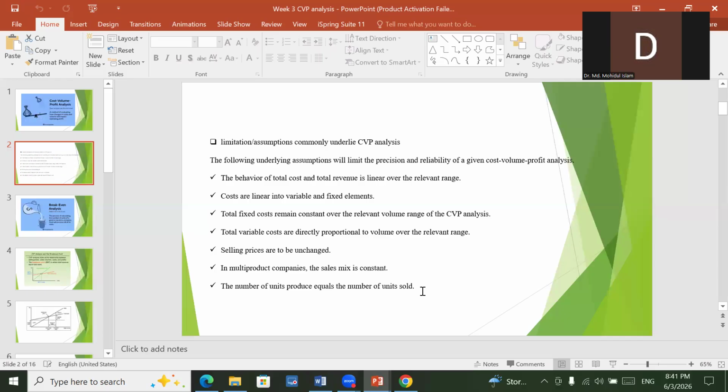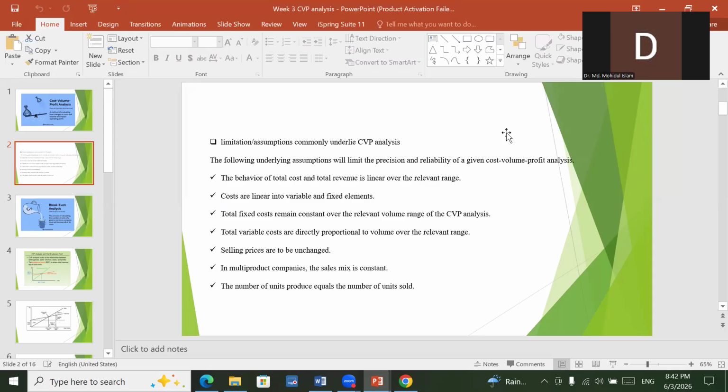Closing stock is not on hand. That is considered in this CVP analysis. So it is another kind of constraint. So these limitations, assumptions, or criteria are the basic or core function of the CVP analysis.